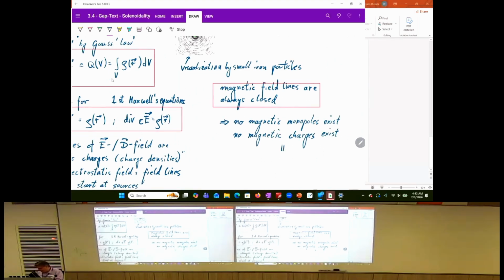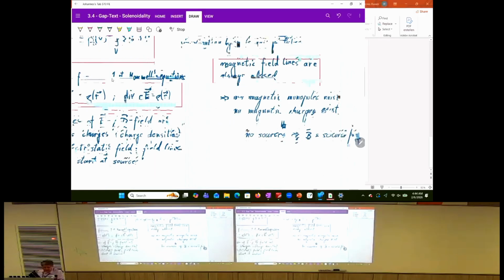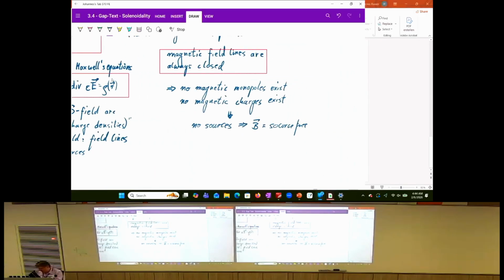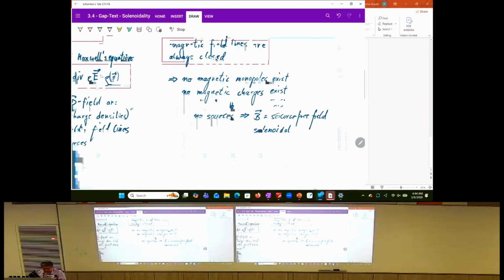And what does it mean? There are no sources, and hence this B field, the magnetic B field, is source-free. And so it's a source-free field. It is also called a solenoidal field. The field is solenoidal. And what does it imply?